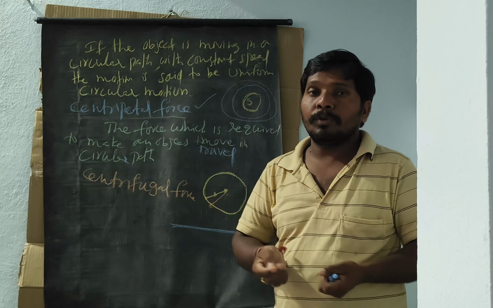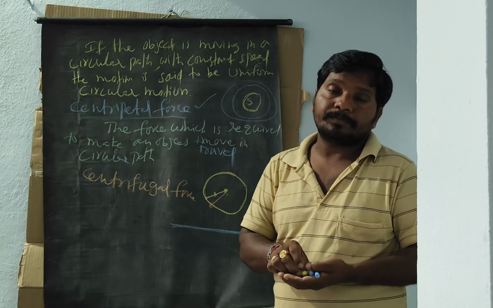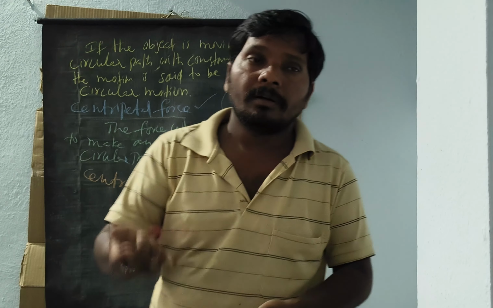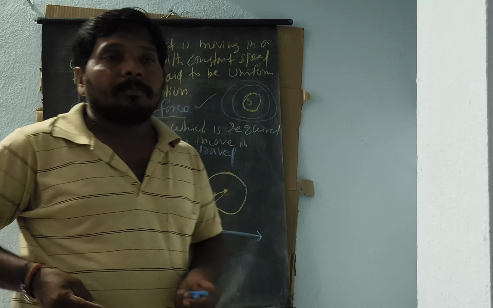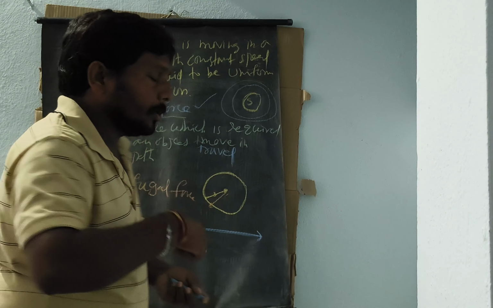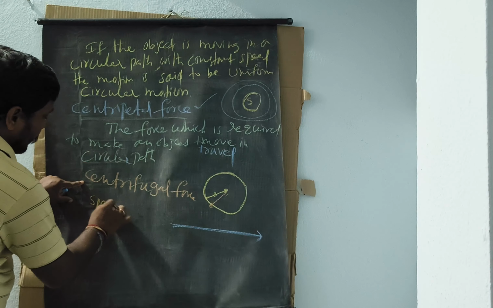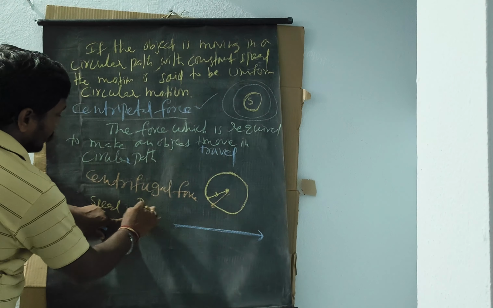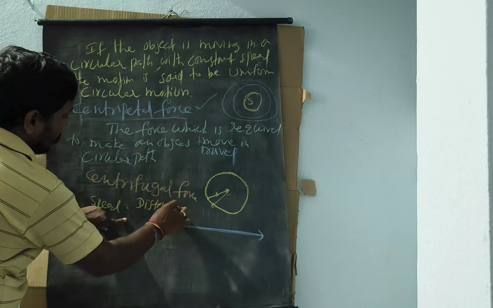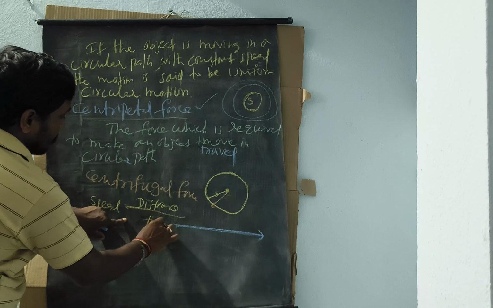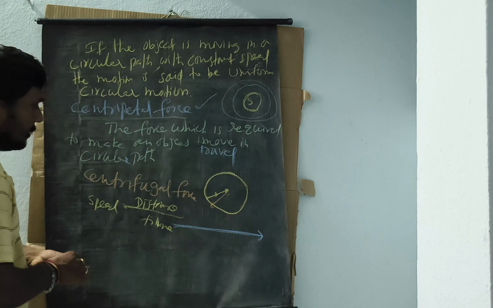Then how do we know the speed of a body which is moving in uniform circular motion? We know the formula: speed is equal to distance by time.